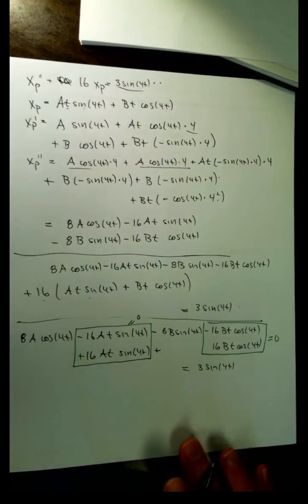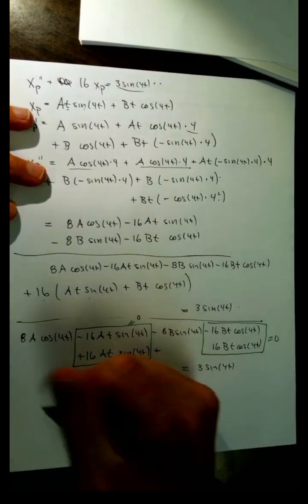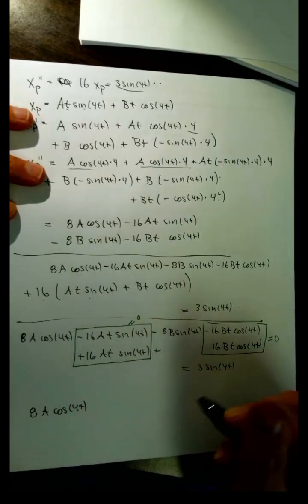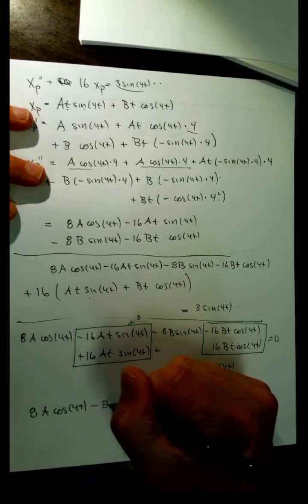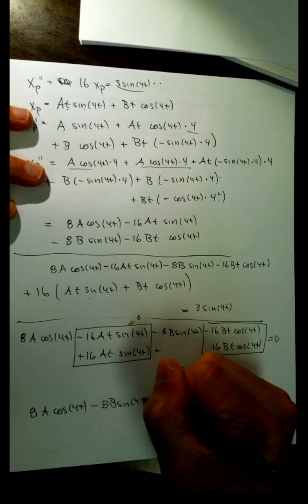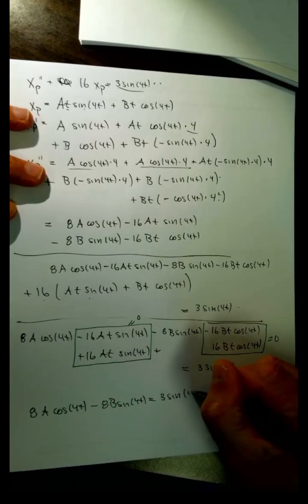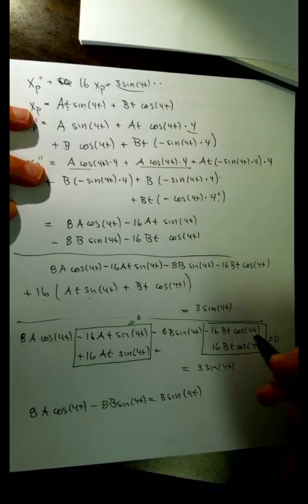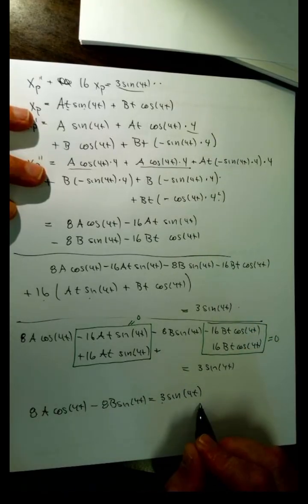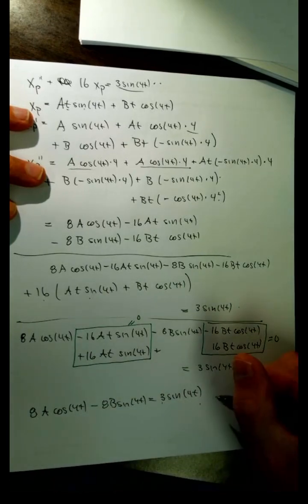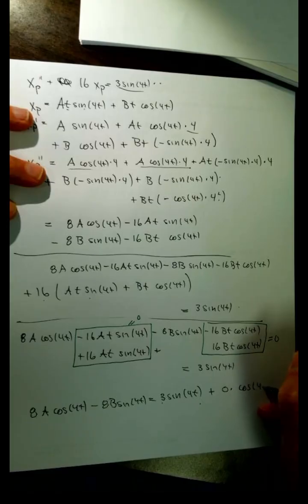So what am I left with? I'm left with this term. So I get 8a cosine of 4t minus 8b sine of 4t has to be equal to 3 sine 4t. Now, in my original equation, it just looked like that by itself. But I have a cosine over here, so I can think of this as being plus 0 times cosine.